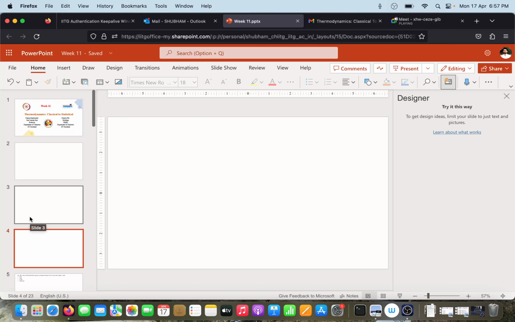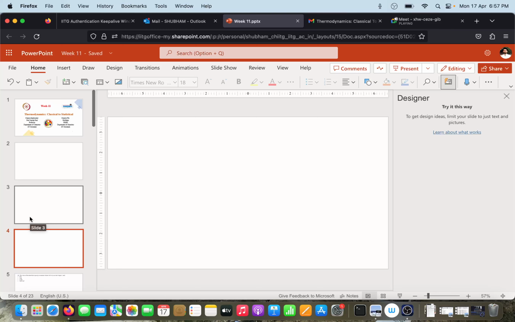A few questions on partition function. So we will just quickly go through the formulas of enthalpy, entropy, internal energy and all.